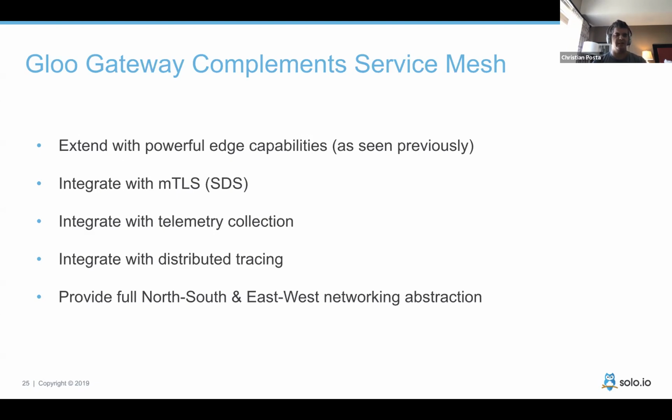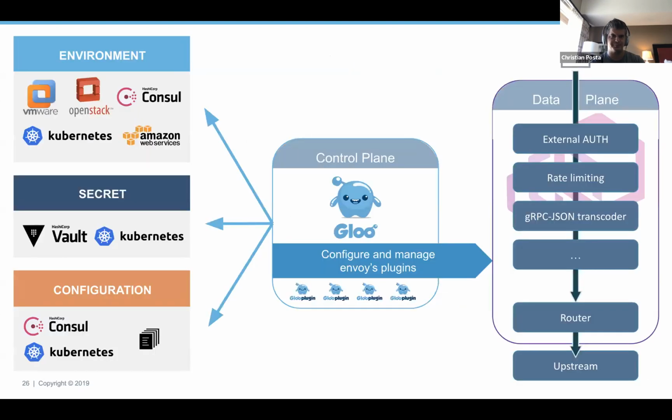And in the case of the newer versions of Istio, we can plug directly in with the secrets discovery service, so that when we talk with Citadel and exchange certificates, we can have a more secure way of doing that with SDS. We can also integrate with Istio's telemetry collection and distributed tracing, and end up providing a full API to backend service abstraction for your network.